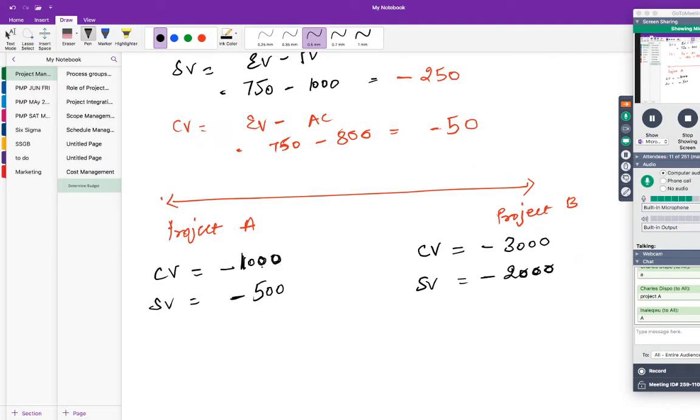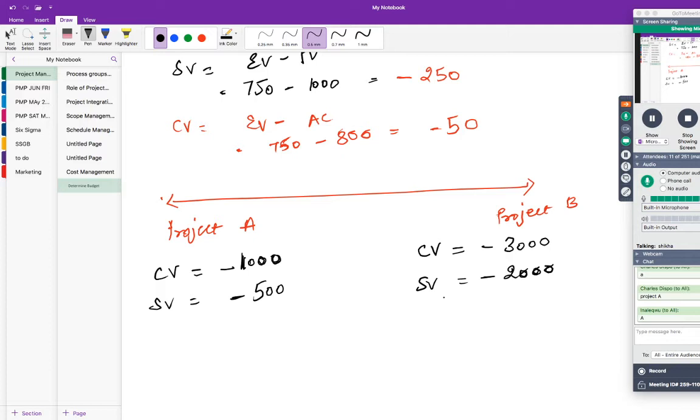I have told you cost variance of minus 1000 here. I have told you for project B cost variance is minus 3000. But this minus 1000 is on what amount? You do not know that, right? The schedule variance is on what overall project duration, and from that duration, the 500 is a mere number.